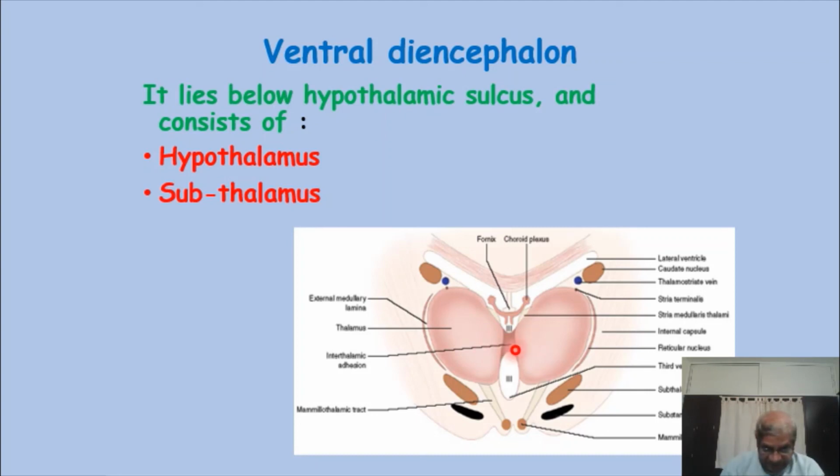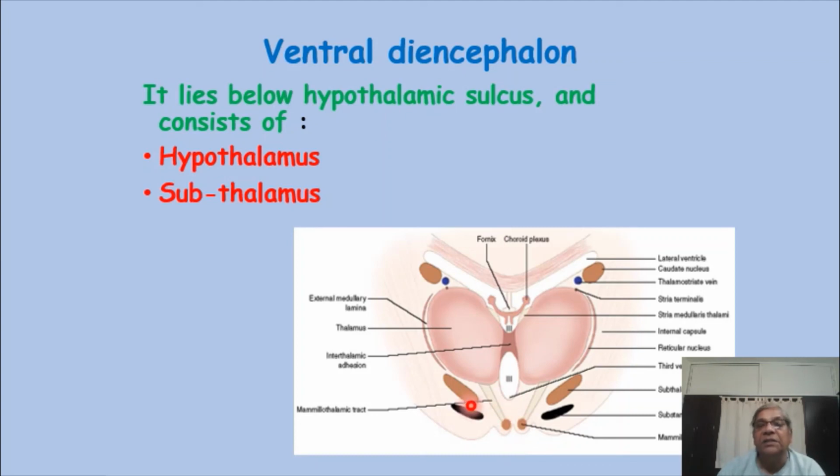And this is the third ventricle. Somewhere here is the location of the hypothalamic sulcus. And below the hypothalamic sulcus, this whole part is the hypothalamus, in which the third ventricle is extending and forming the floor of the third ventricle.